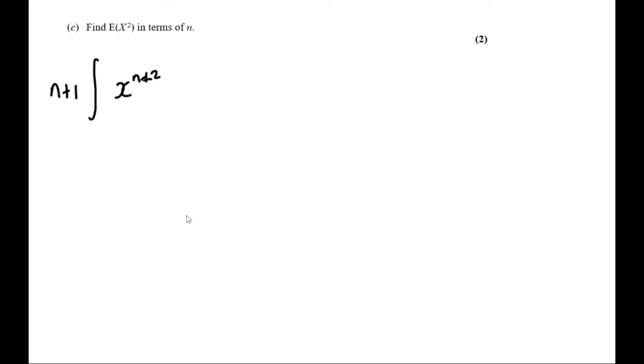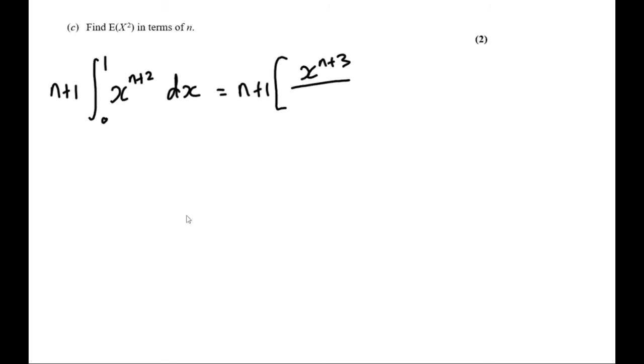So that's me multiplying by x squared. And let's see what we get. n plus 1. Integrating, I'm going to increase the power by 1, x to the n plus 3 over n plus 3.